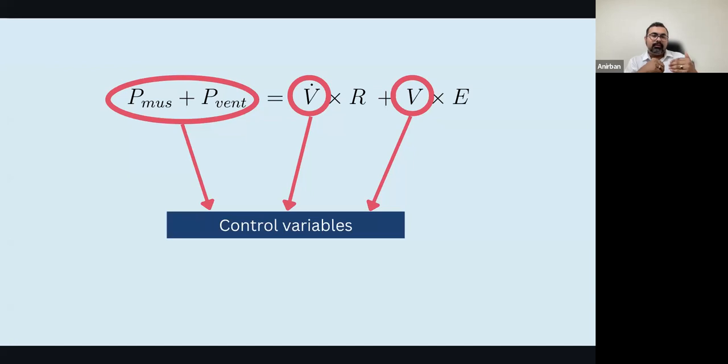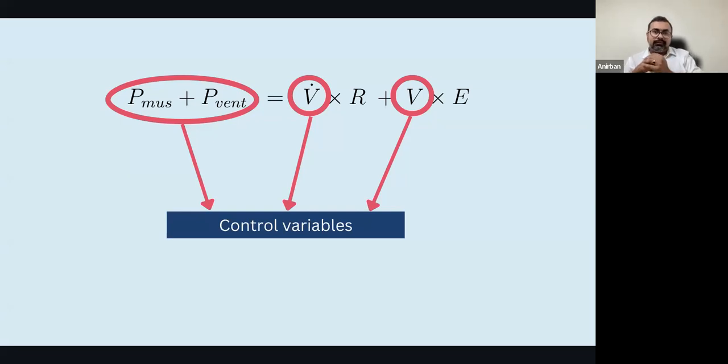For example, the ventilator can be a pressure controller. So through the ventilator you will say that I will ventilate this patient in a manner that throughout the inspiration, I will target a pressure that should be maintained. So the ventilator becomes a pressure controller.